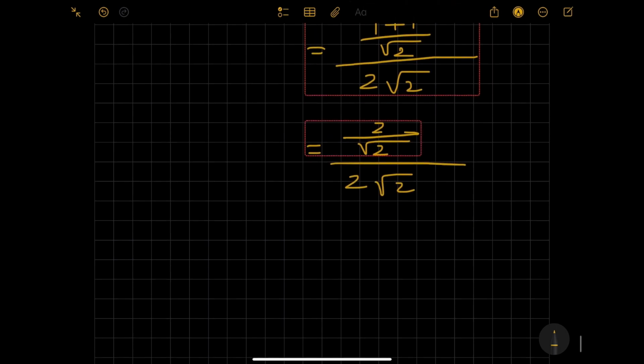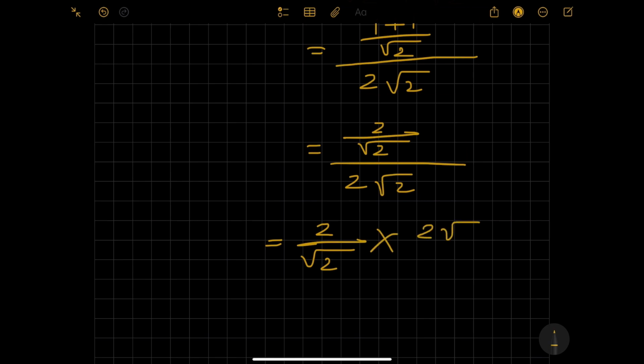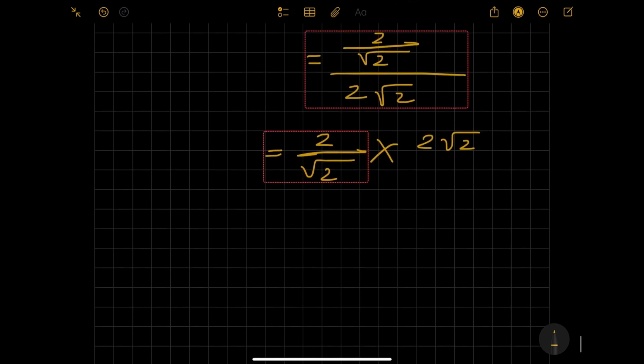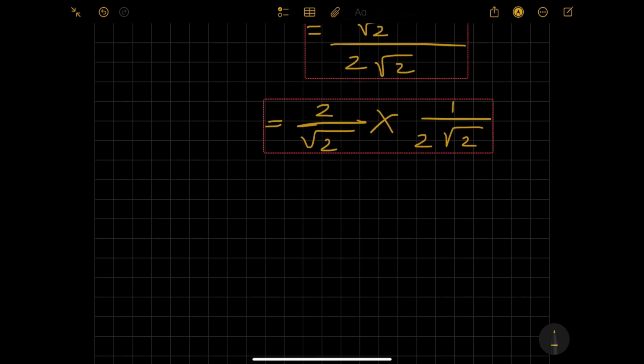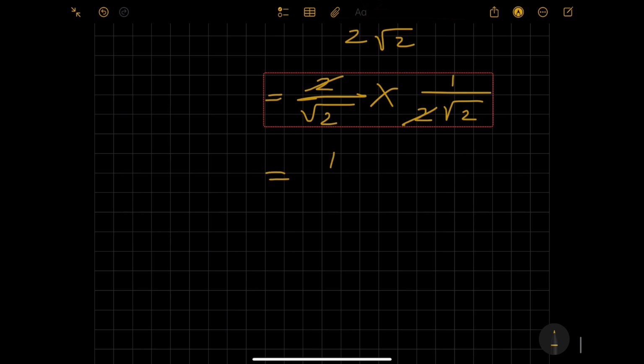Now what we have to do is solve it as 2 upon root 2 times... actually, sorry, I made a mistake, it is 1 over 2 root 2. This is what we'll get. And now we are going to solve it. In solving, you can cancel these two and we'll get 1 over root 2 times 1 over root 2.